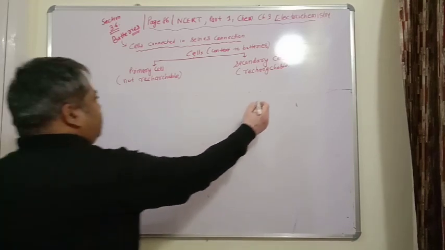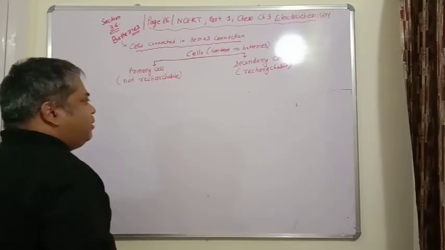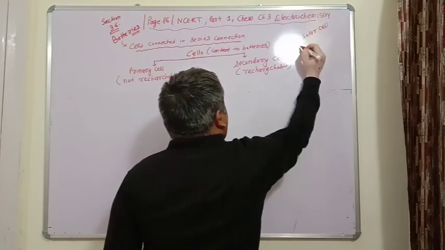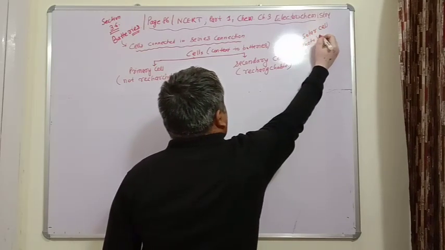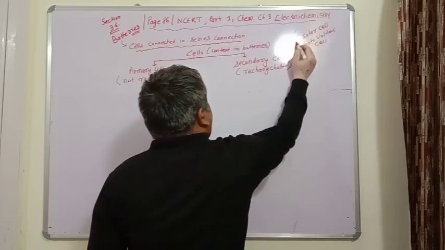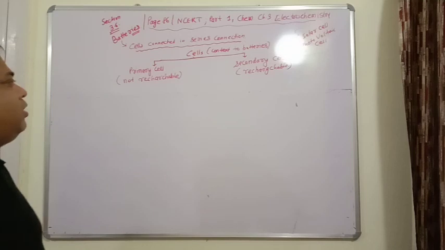There could be some other types of cells also, like solar cell, photovoltaic cell. In this topic of NCERT, this is not covered.